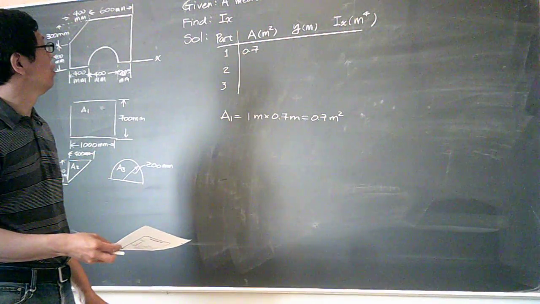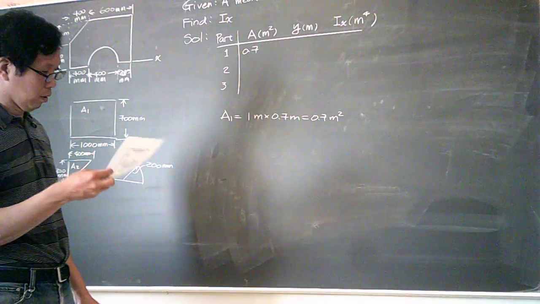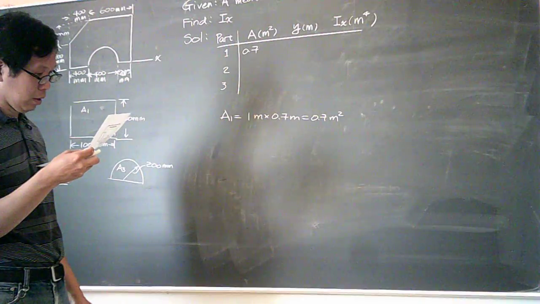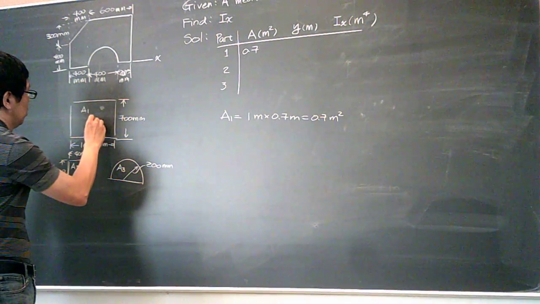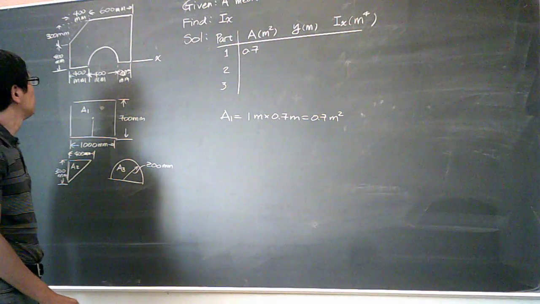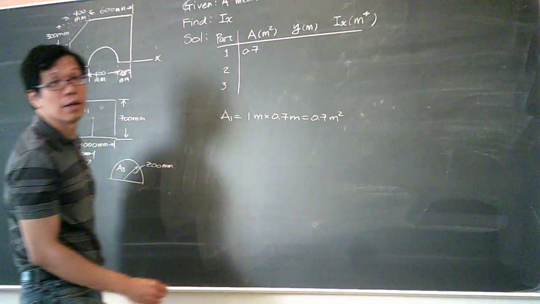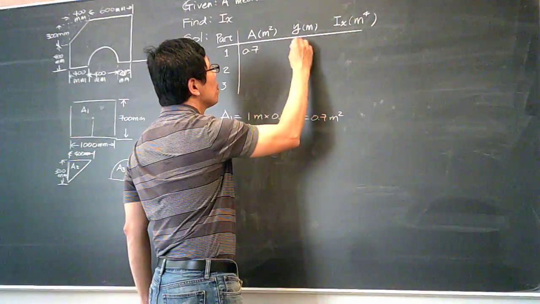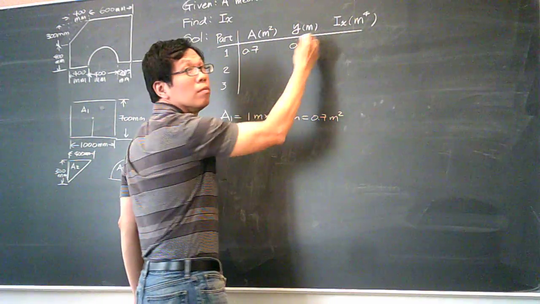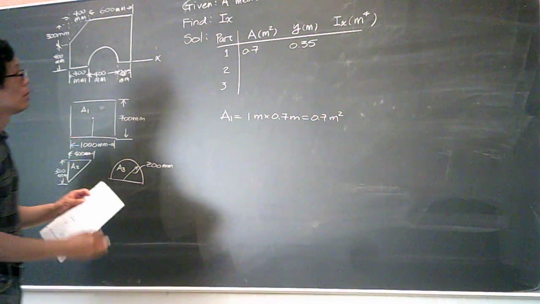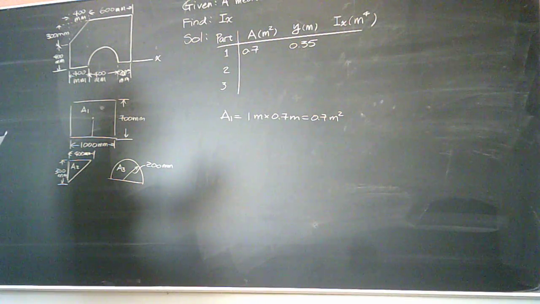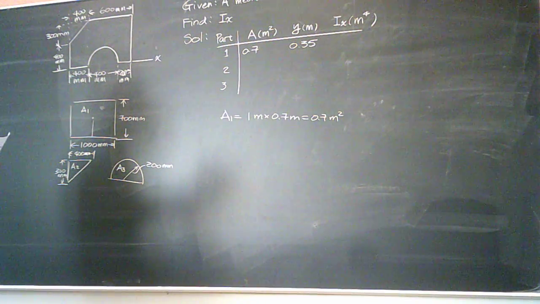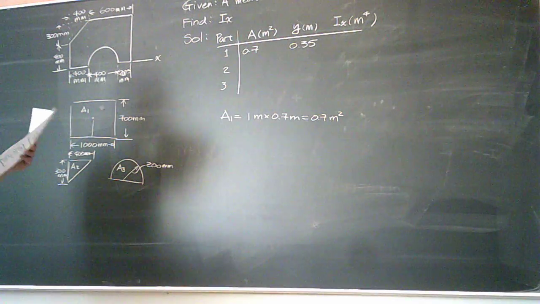Okay. So what is my y, related to 0.35, right? What is my moment of inertia around its radius, about its centroid?